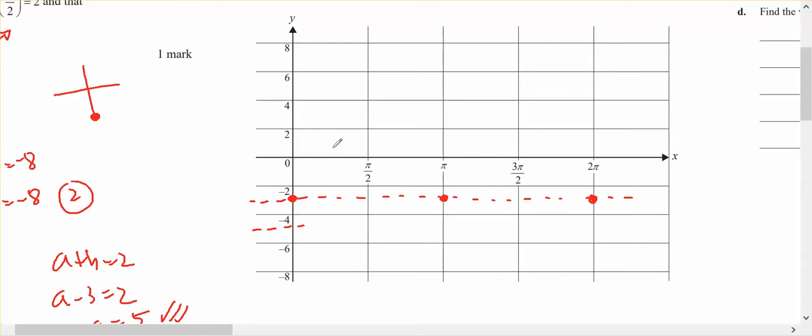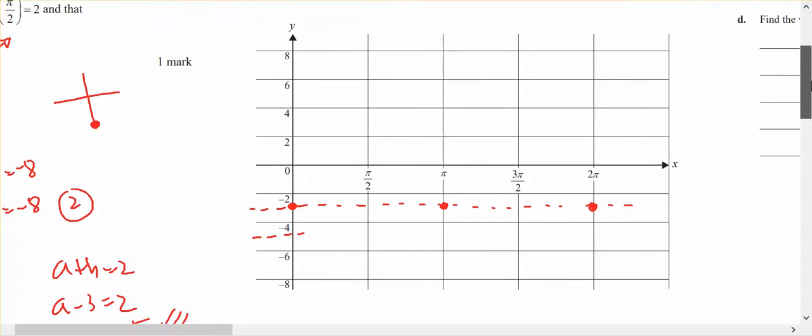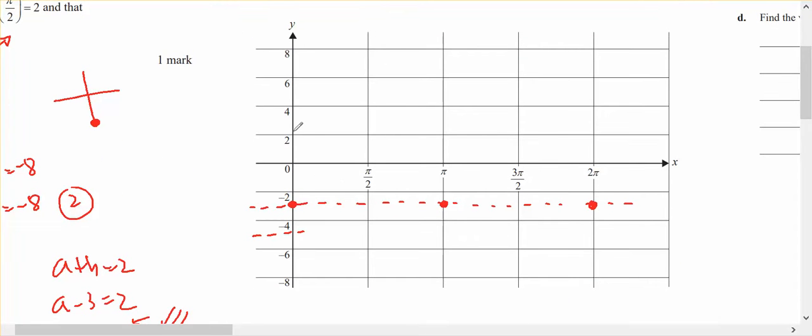It's going to go up first because it's a positive sine, correct? So up 5 will take me up to 2, and down 5 will take me down to minus 8. And I'll show you a graph that looks like that. Label the endpoints.